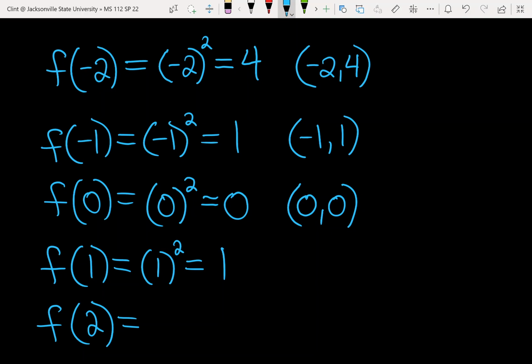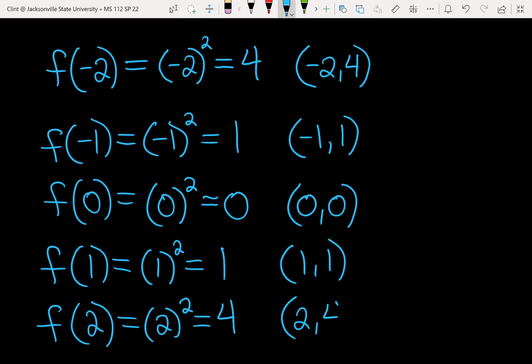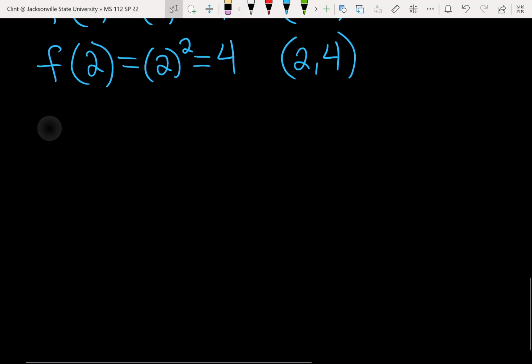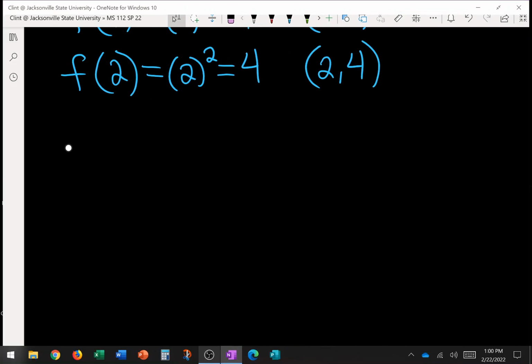That's our rule, so this is still a function. And then if we do 2, we get 4, so 2, 4 is on our graph. There's 5 points. Let's see if we can tell what our picture is going to look like. Again, a lot of you probably already know.